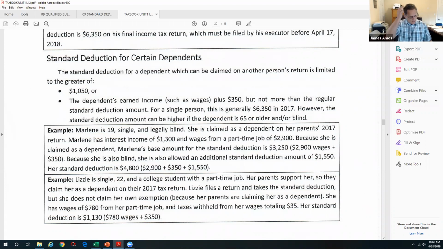Oh, I know. Let me look at something here. You're giving her the additional for blindness. Yeah, they're giving her the additional for blindness. Let me look at something.